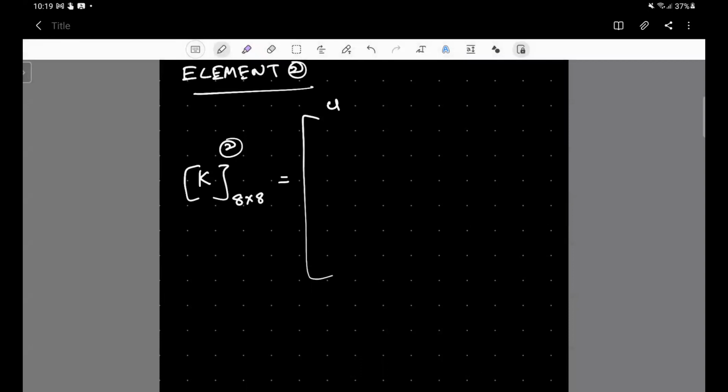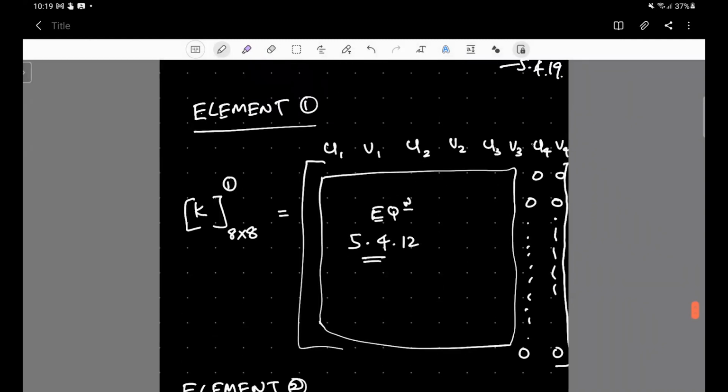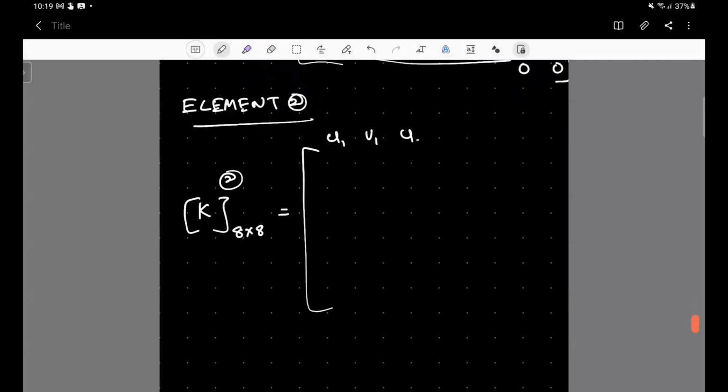So U1, V1, this is what we have included in the previous. Included node number 4. This element stiffness matrix, we will be considering the effects of the terms corresponding to node number 2, node number 3, node number 4.